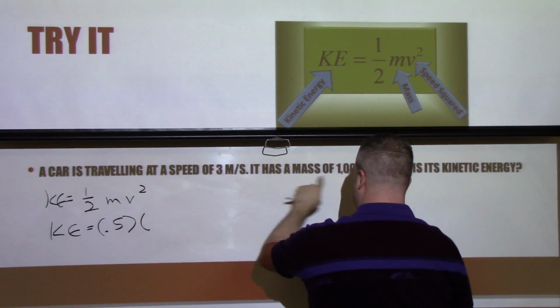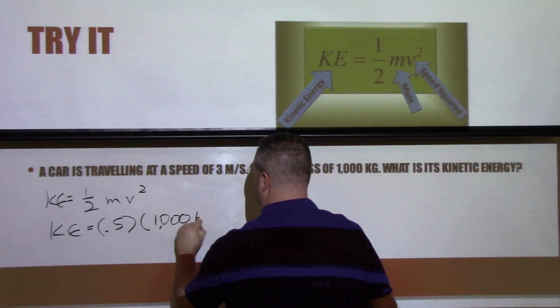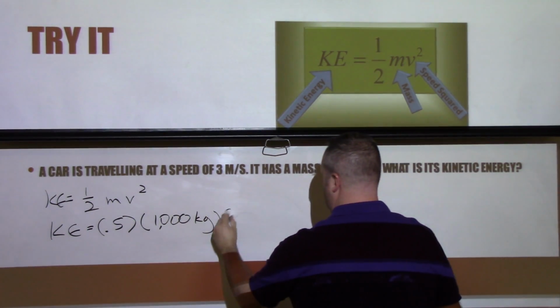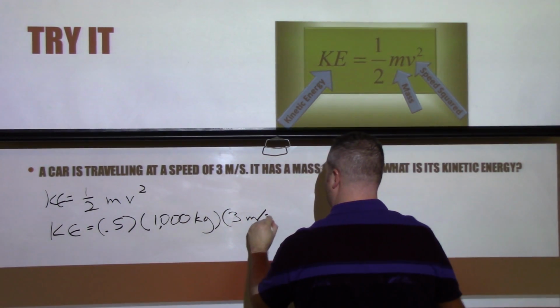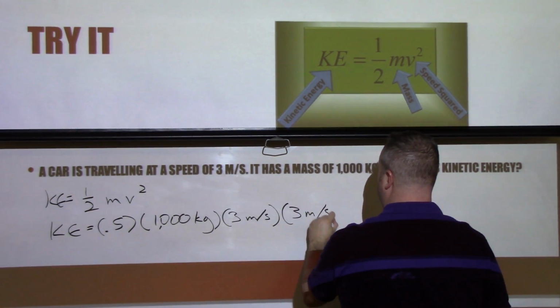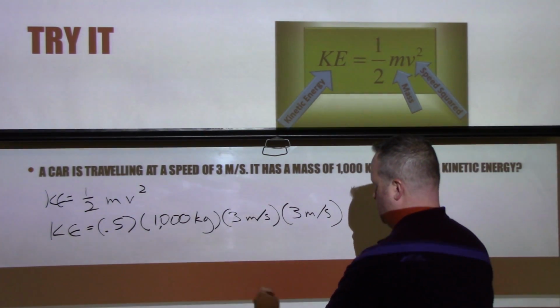So it's 0.5 times its mass, which is 1,000 kilograms, times its velocity, which is 3, times its velocity again, which is 3. So remember that you are multiplying together 4 things to get your answer.